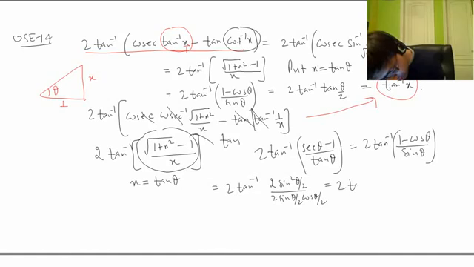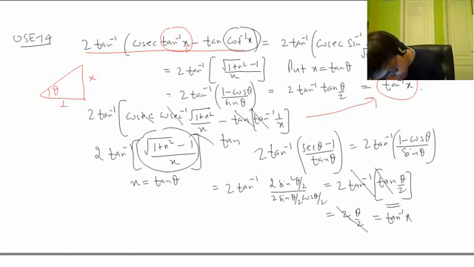This becomes 2 tan inverse tan theta by 2. Now we can cancel this with this and say 2 into theta by 2, which cancels, giving tan inverse x.